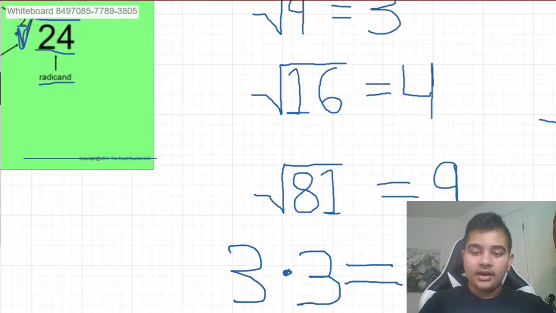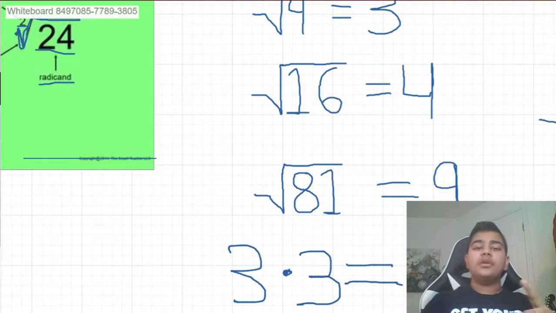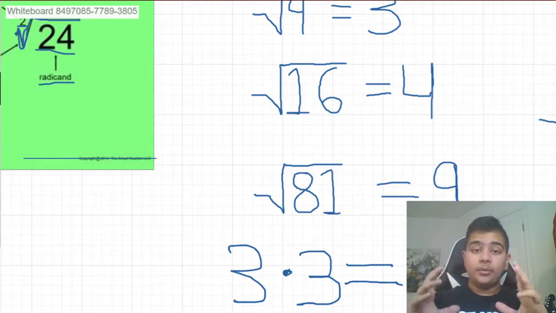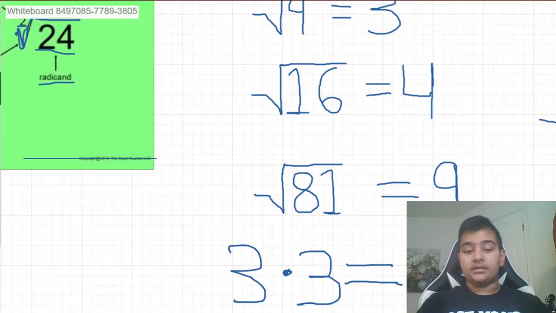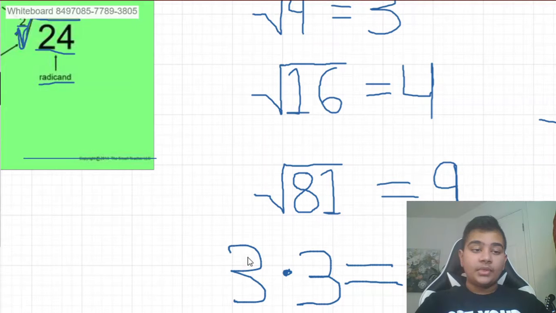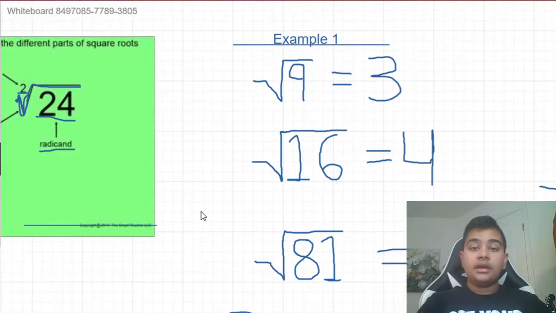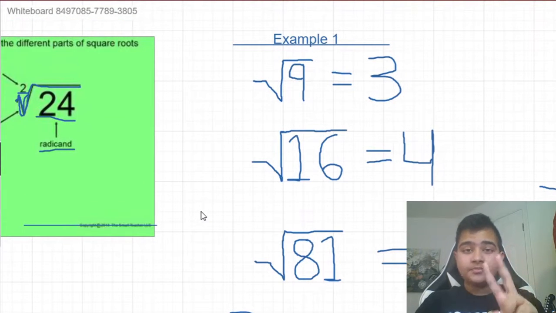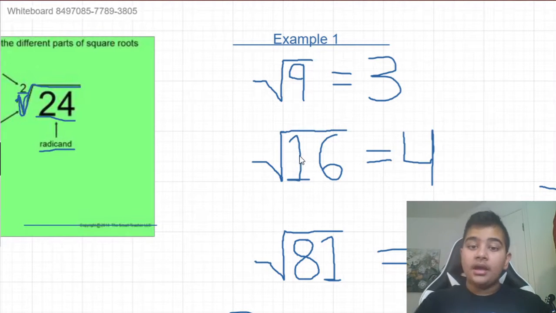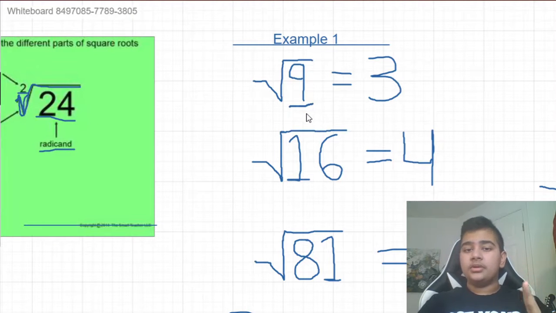It's 9. So if you don't really comprehend it, the square root is basically the opposite of that. What two numbers multiplied with each other equals 9? Like 3 multiplied by itself has to equal that. So a square root is two numbers that are the same number multiplied to each other having to equal the radicand. Then it's a perfect square. That means it can be rooted.